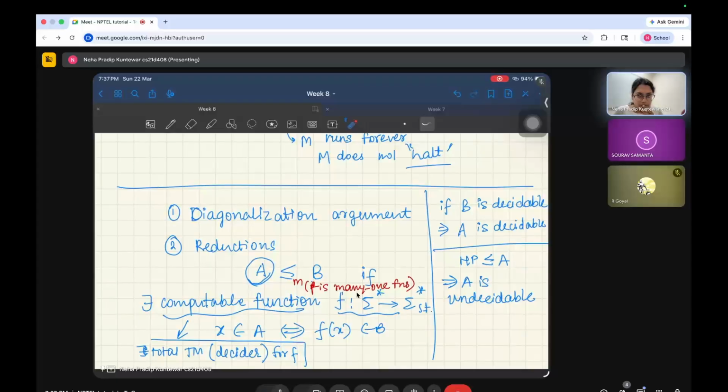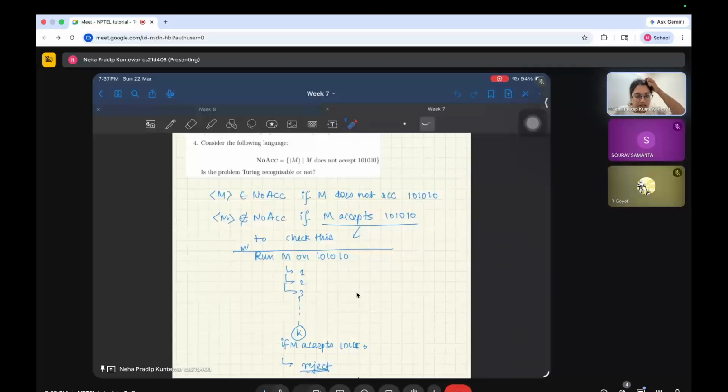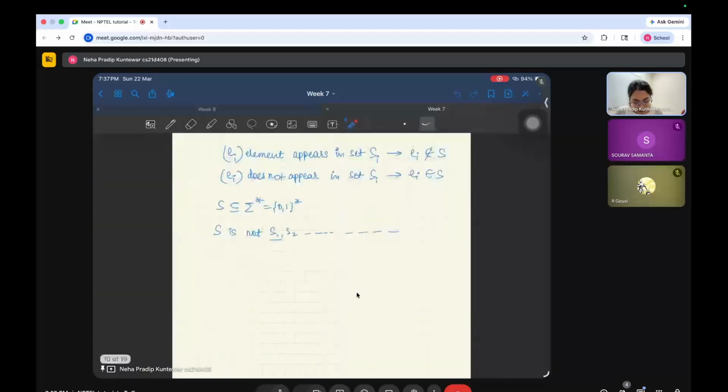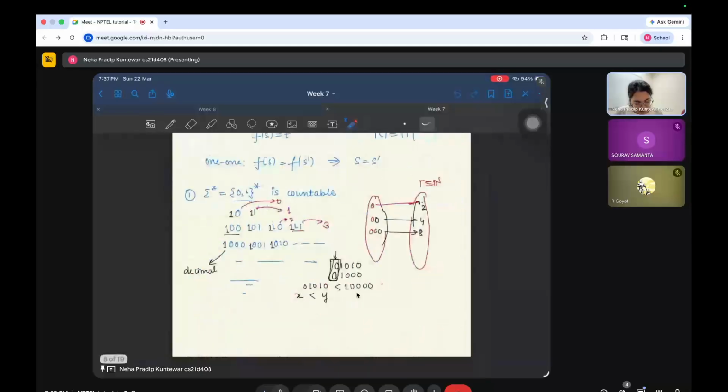Actually, what does the diagonalization argument mean, basically? Okay. Basically, the diagonalization argument is a method which has multiple uses. One use case is to show that a language is undecidable. Another use case, which is where it originated, is the thing we saw last time.